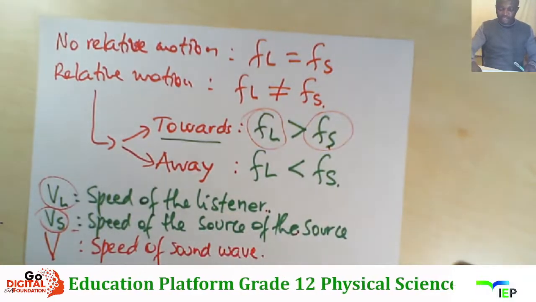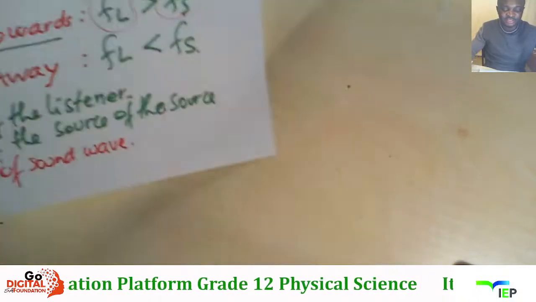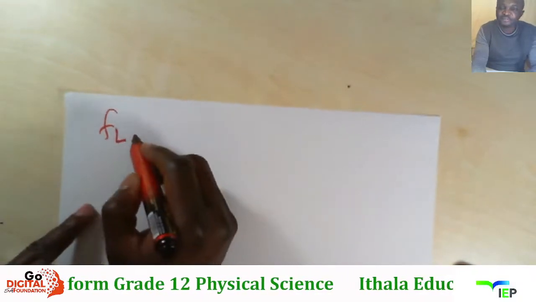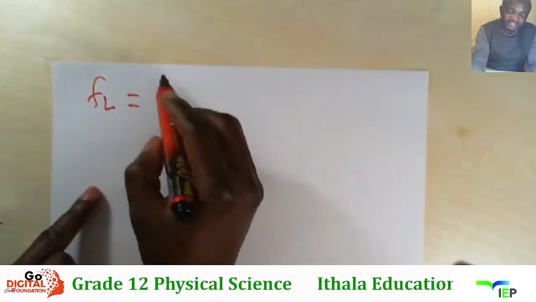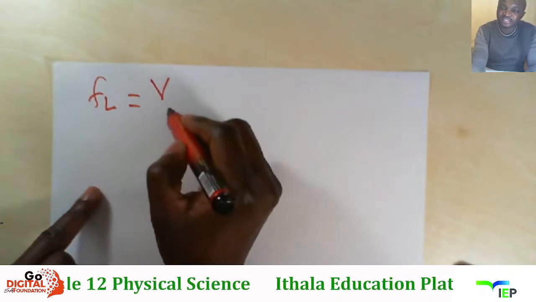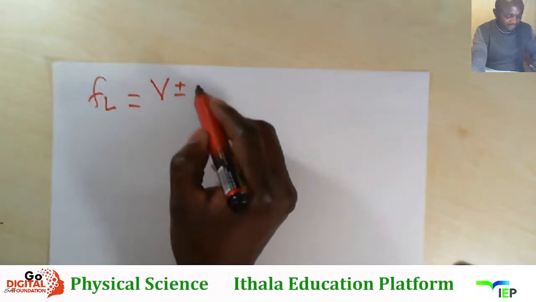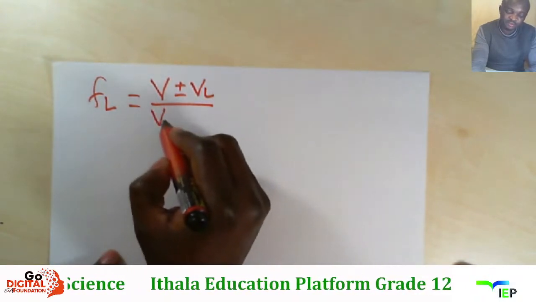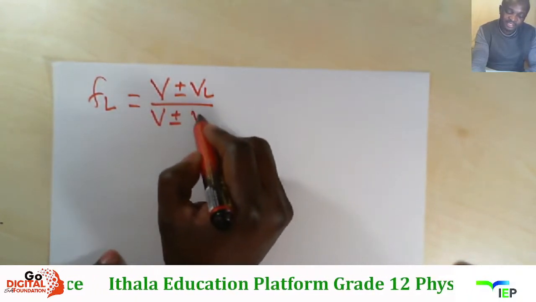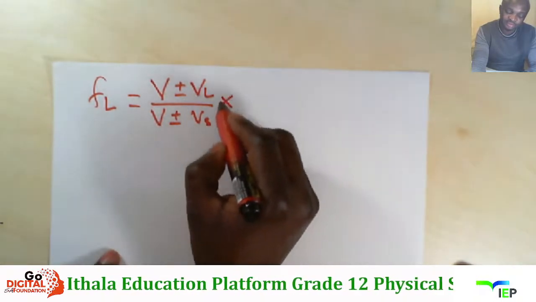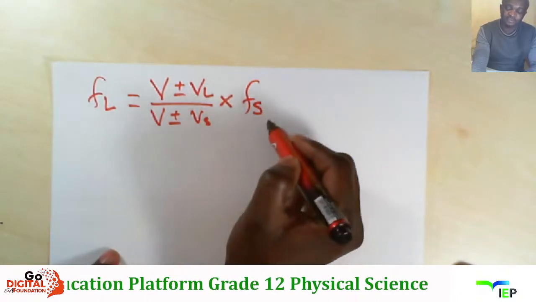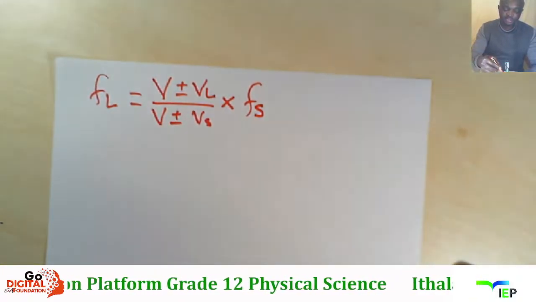So putting them all together we get the Doppler effect equation. If you want to find the frequency of the listener, look at the speed of the sound plus or minus the speed of the listener over the speed of the sound wave plus or minus the speed of the source, times the frequency of the sound, right?